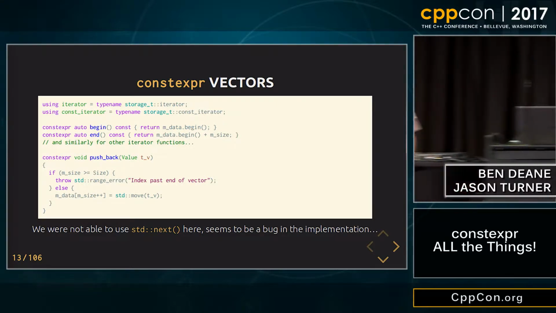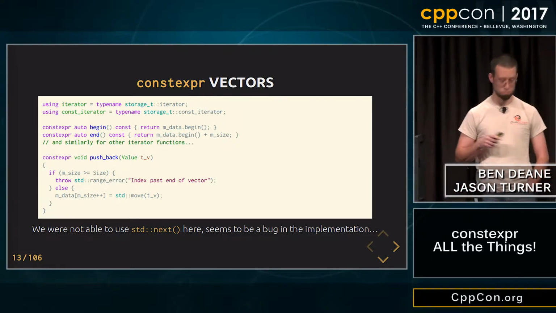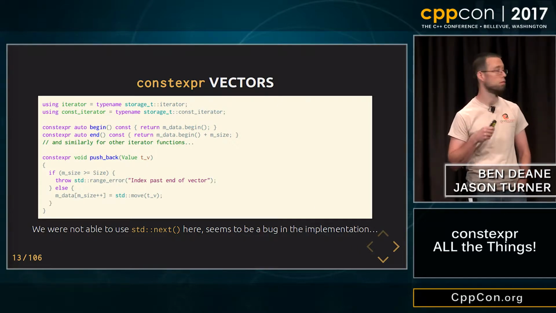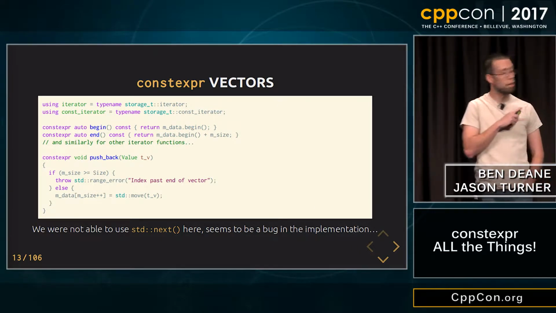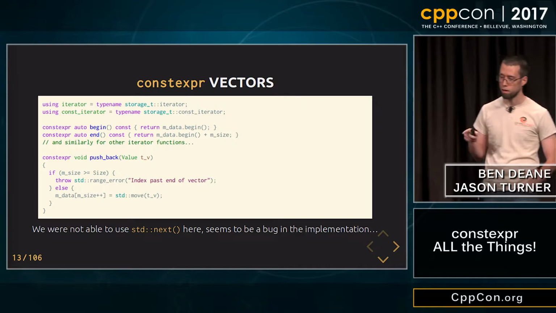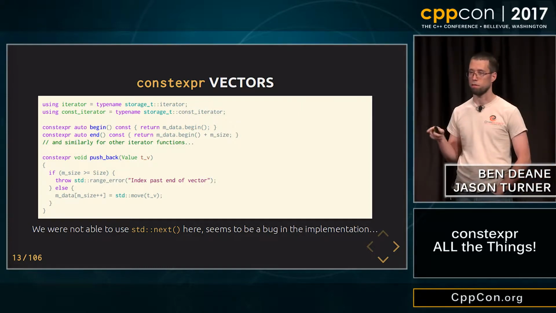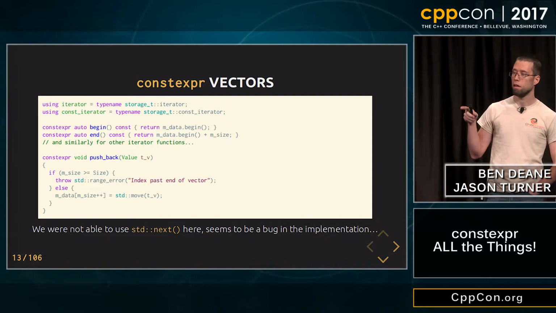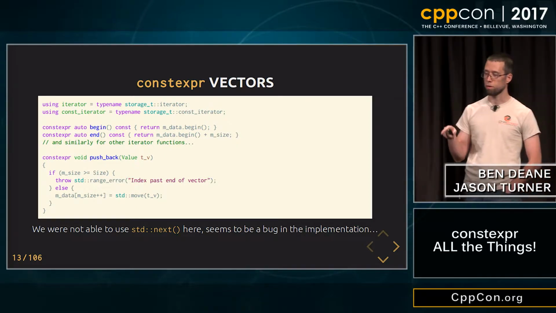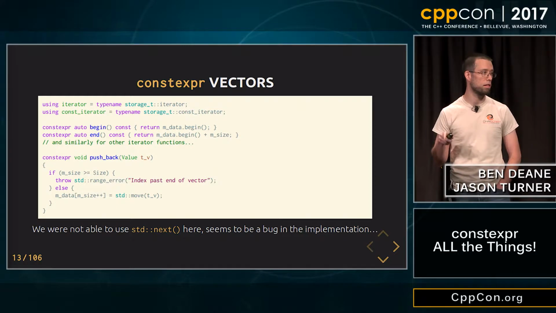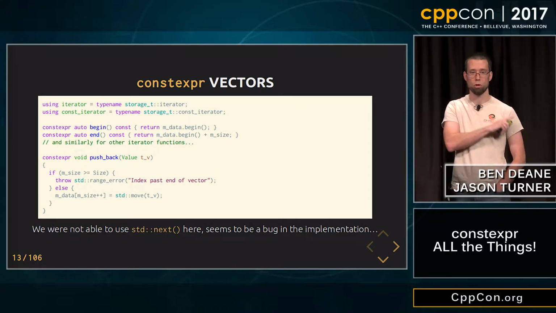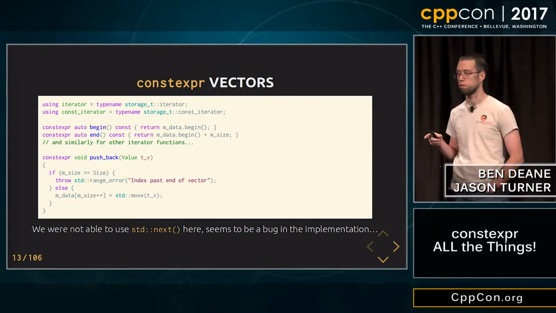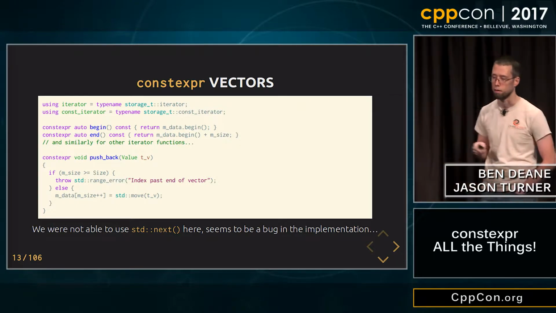So as we can see on the pushback here, if our size grows beyond the maximum size that's allowed by our templated size type, we throw an exception. And this is perfectly fine in constexpr context, because if it were to throw the exception during a constexpr evaluation, then it would fail to compile.